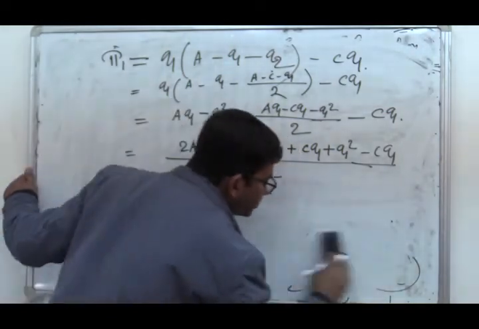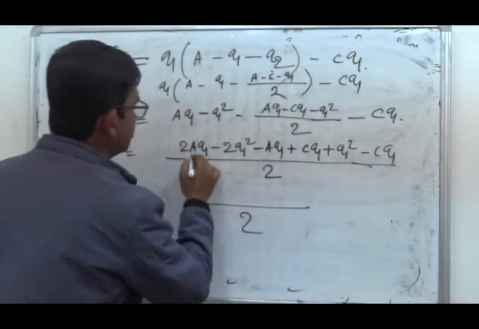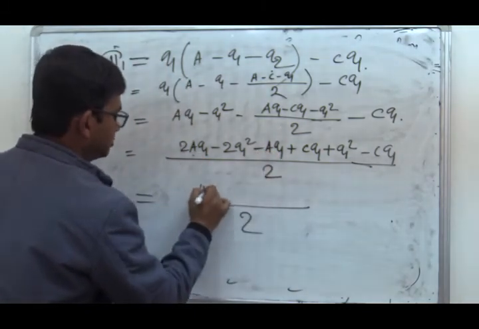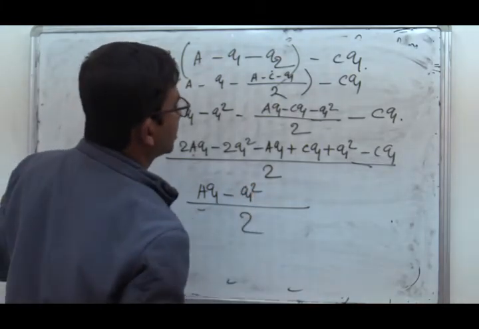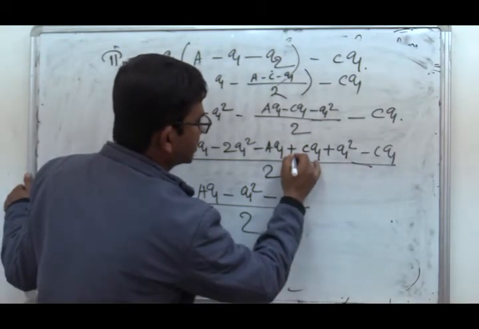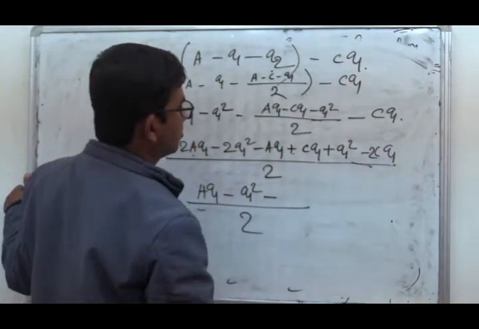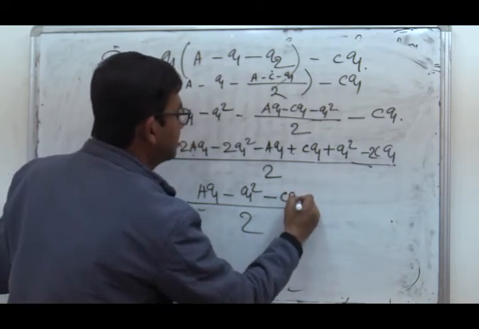So 2A·Q1 minus A·Q1 equals A·Q1, minus Q1 square, plus C·Q1 minus 2C·Q1 equals minus C·Q1.